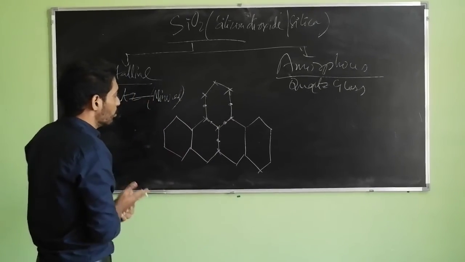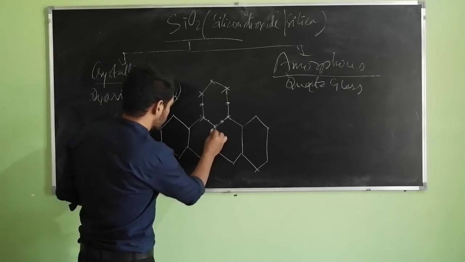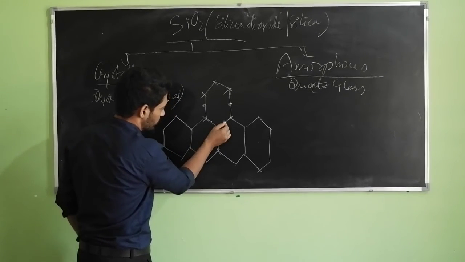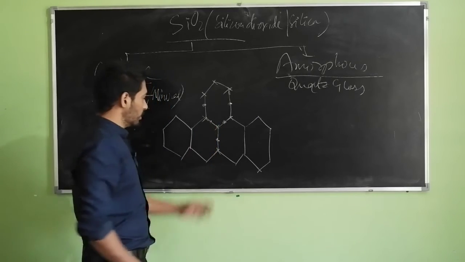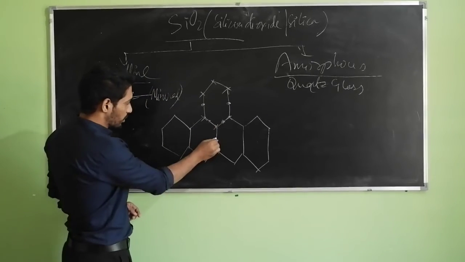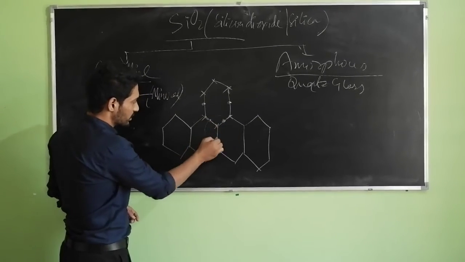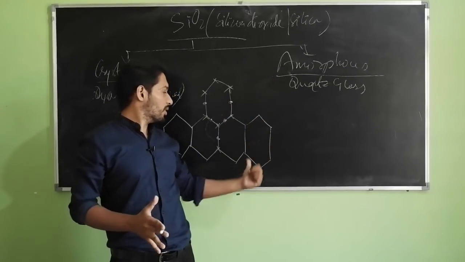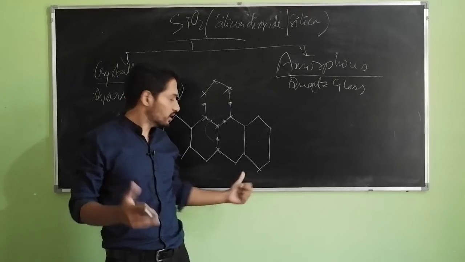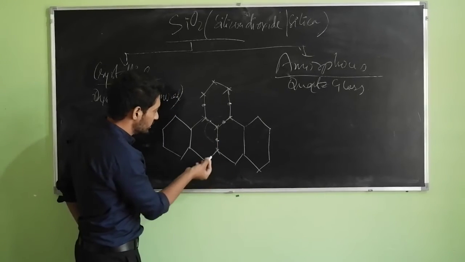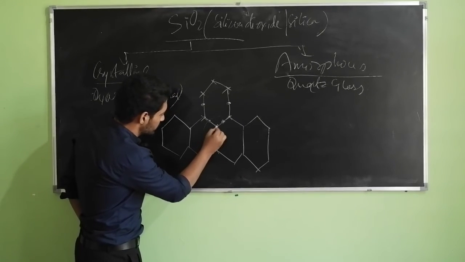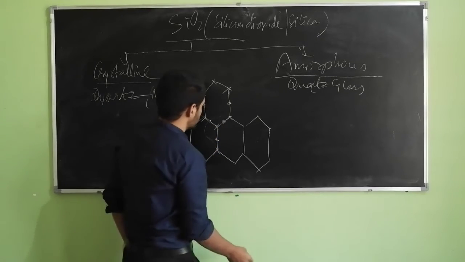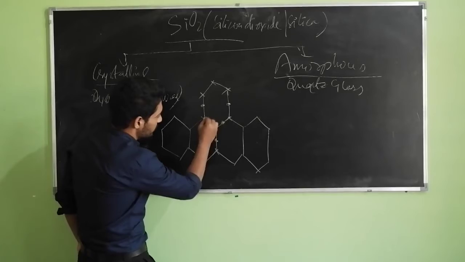Now, when someone sees this structure, we have silicon at the intersection and two shared oxygen. When you see this structure, you will say that the formula for quartz should be SiO3, because that's what it shows. We see silicon here, then oxygen, oxygen, oxygen, then it repeats.